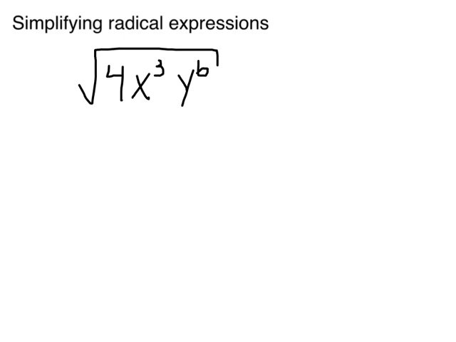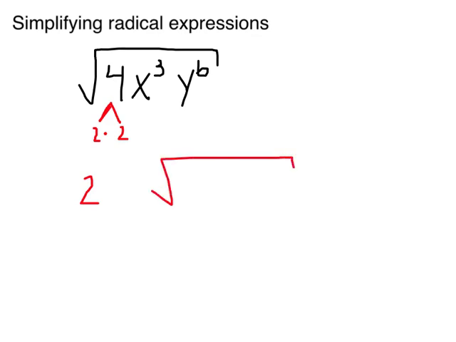So what I do is I start with my first term, my 4. Is there a perfect square within 4? Yes, there is, because 4 is a perfect square. So the square root of 4 can be written as 2 times 2. So that means that on the outside I can have 2 outside of my radical.